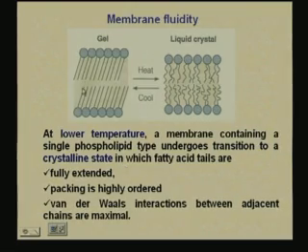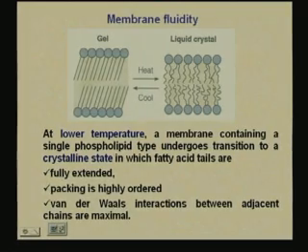So, this would be our crystalline state, where we would have the fatty acid tails perfectly ordered, perfectly packed, fully extended, and the maximum possible van der Waals interactions between the chains.